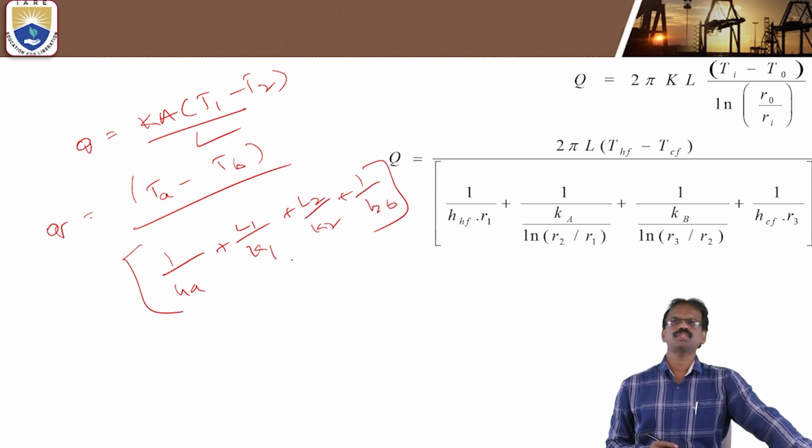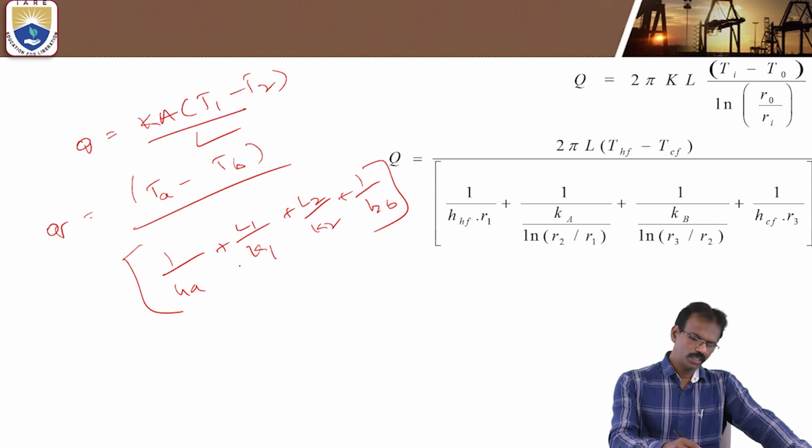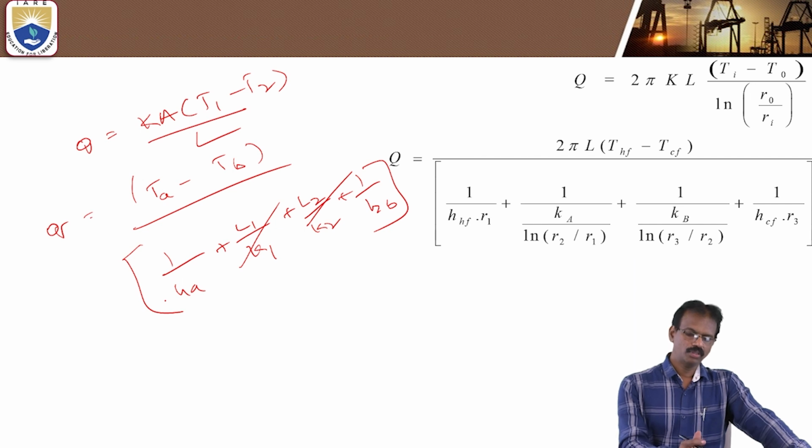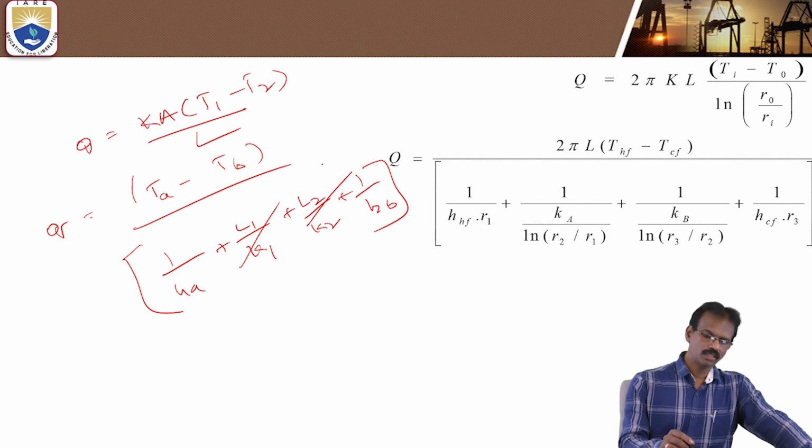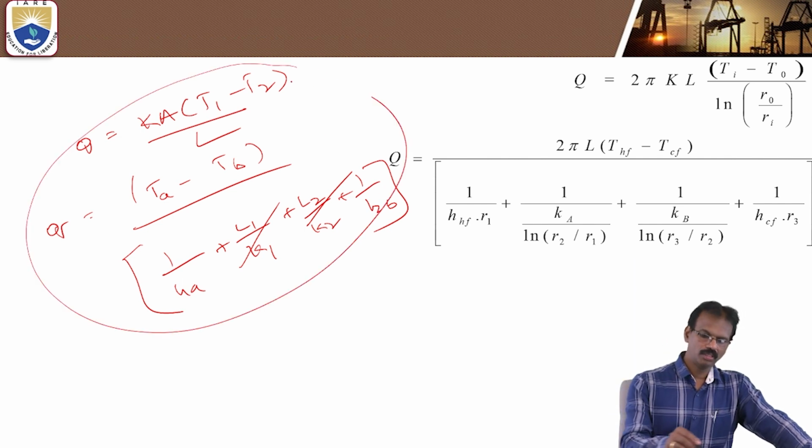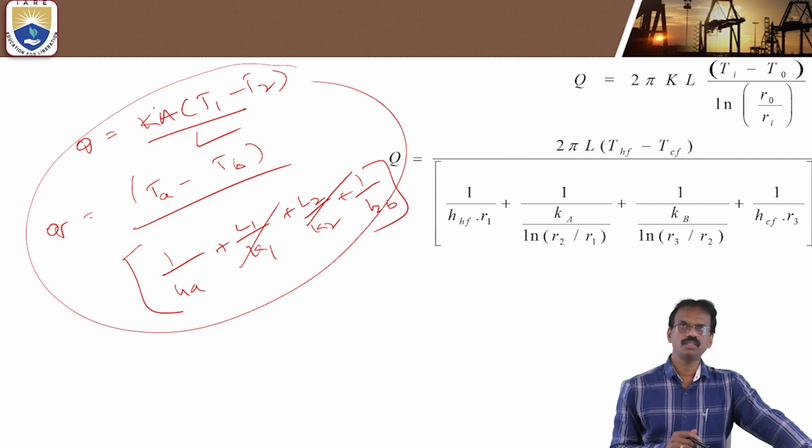Already discussed in the previous class. There are two layers: the hot fluid to the inner layer by convection, then conduction through the next layer, conduction through the next layer, and the last layer to the atmosphere by the convection process. So these are the formulas. You can refer to the previous class to solve the numericals.